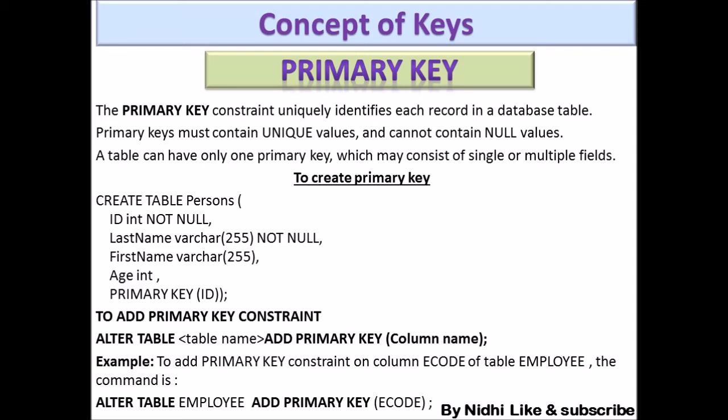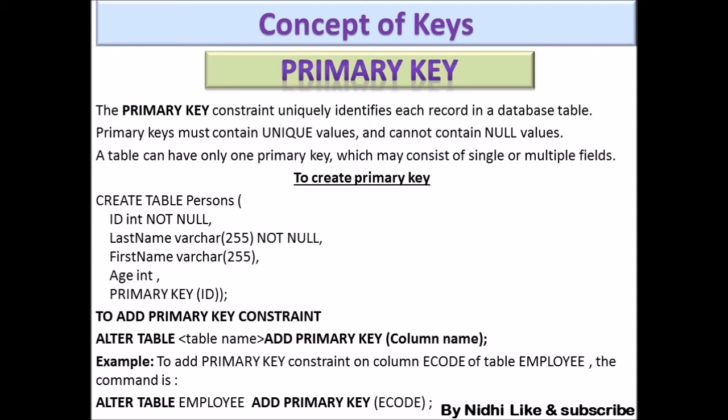You have to write that as it is. Last name is another column that holds a varchar value, and it should also not be null. And first name, age, and we want ID to be the primary key, so after a comma we put the name of the column which we want to make the primary key. So like this you can create a primary key.